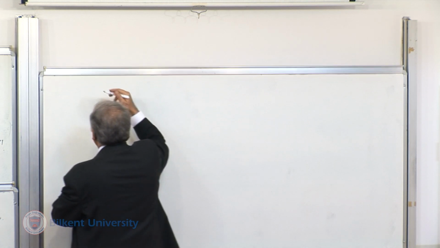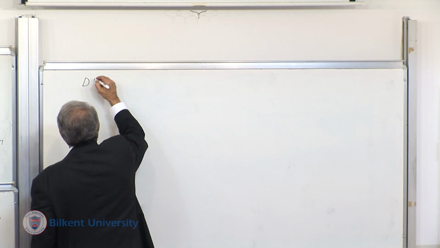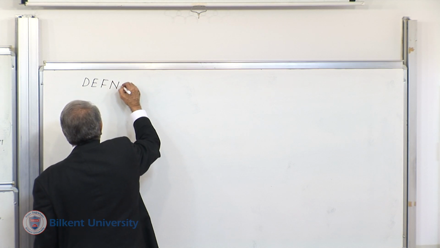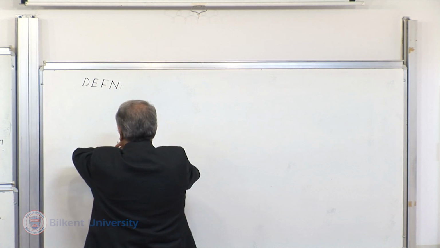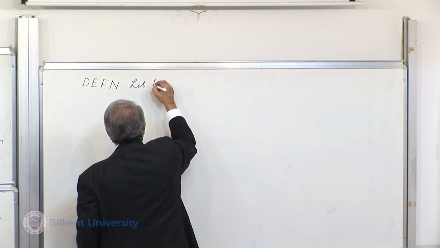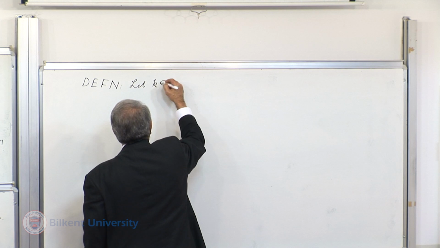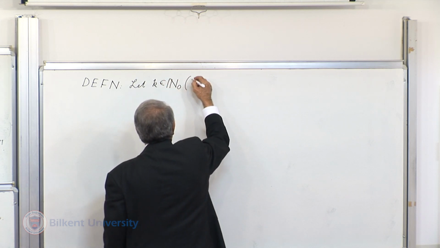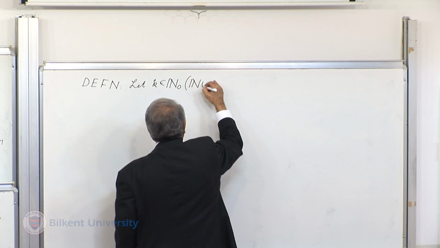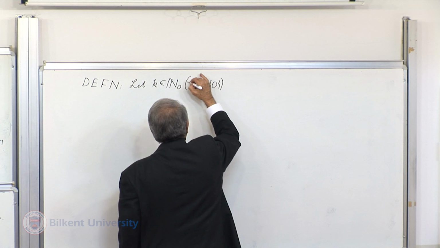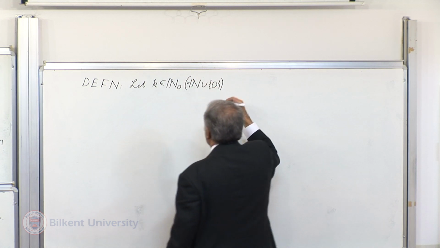Now, definition. Let k be a member of N0. Remember, this was the set of all non-negative integers. We add, we adjoin 0 to that.